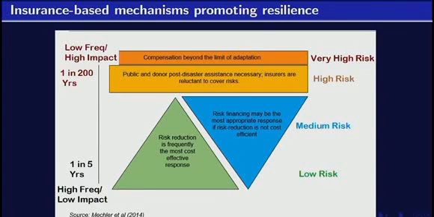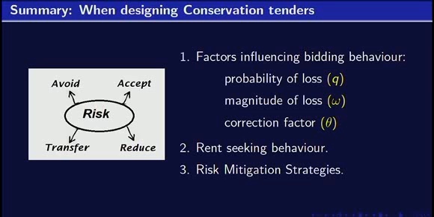So in conclusion, we have seen the different factors that will influence farmers' bidding behavior. For example, your chance of loss: the higher the chance of loss, the higher the loss, and the magnitude. If you have an expectation of a higher magnitude, then you will tend to cover yourself.